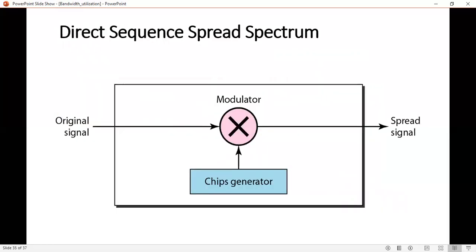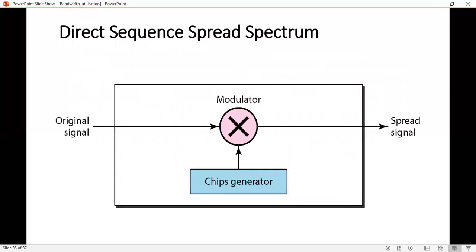Next is the second type of spread spectrum, that is direct sequence spread spectrum. In direct sequence spread spectrum, we replace each data bit with n bits using a spreading code. Each bit is assigned a code of n bits called chips, where the chip rate is n times that of the data bit.